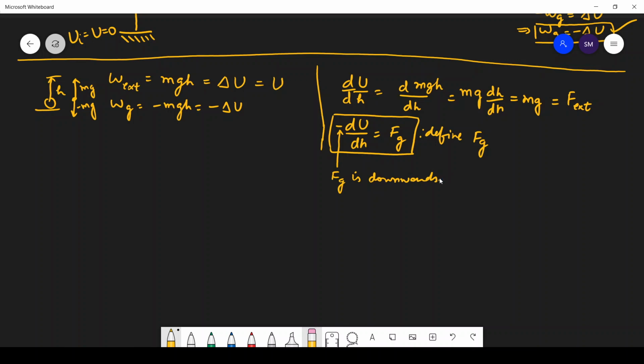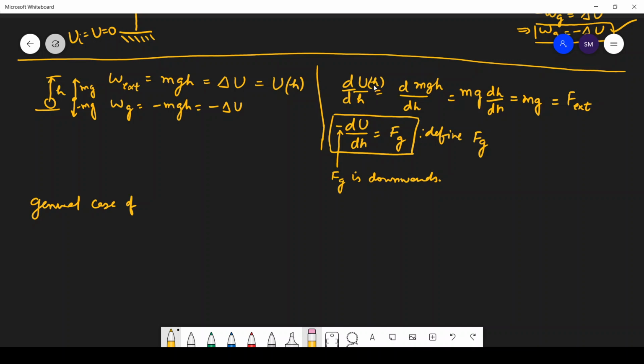Now, if we take a general case, see students, of course I can write it as a function of h because potential energy depends on h. So whether you write it as a function of h or not, it doesn't matter.